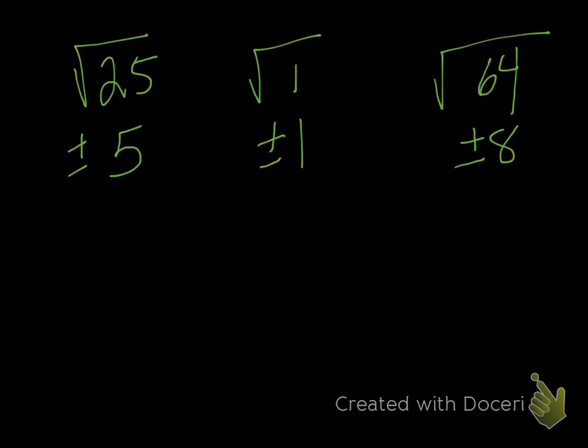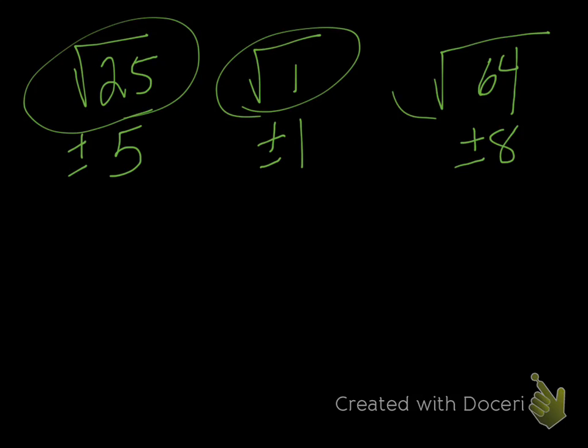Excellent job. Now, you're ready to move on to phase 2, because we don't always give you these perfect little roots, these perfect little radicals. They're awesome, but that doesn't always happen. Square root of 40. Now, I think the number one most common answer to give me is that the square root of 40 is 20.